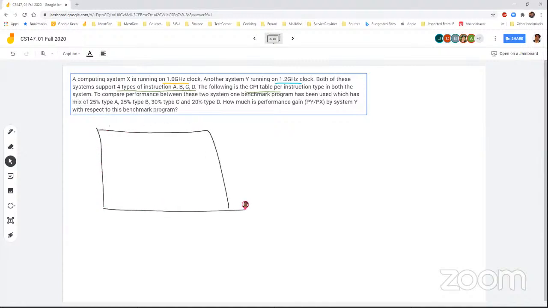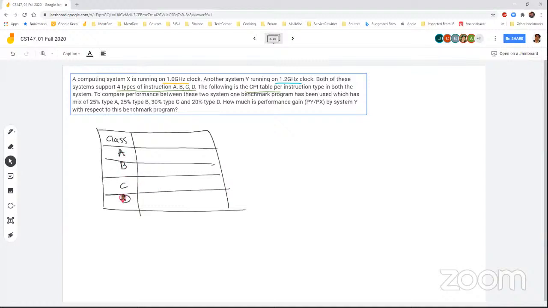I have this class of instruction A, B, C, D, and systems X and Y. Their CPI data for X is 4, 2, 1, 3, and for Y it is 3, 1, 3, 2.